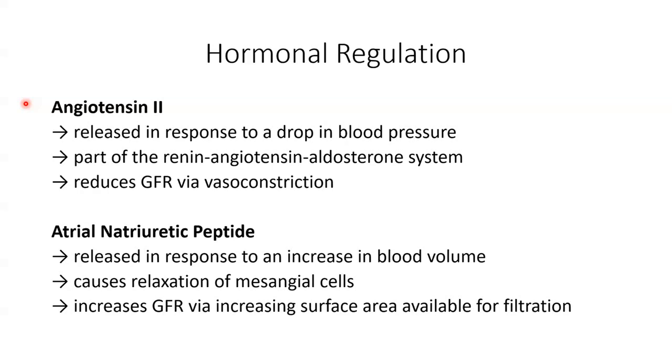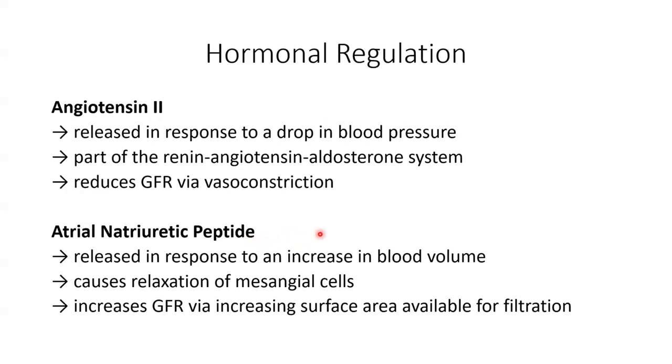As part of this system, the hormone angiotensin II is produced, and as a potent vasoconstrictor, both the afferent and the efferent arterioles are constricted and narrowed, and as we now know, this reduces blood flow into the glomerulus, reduces that glomerular blood hydrostatic pressure, and reduces our glomerular filtration rate.